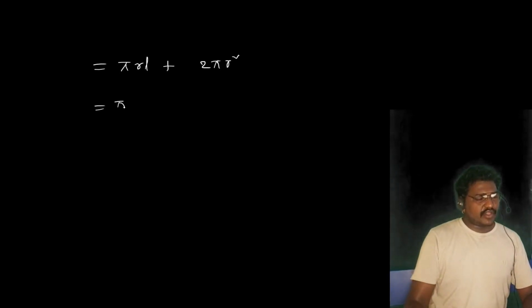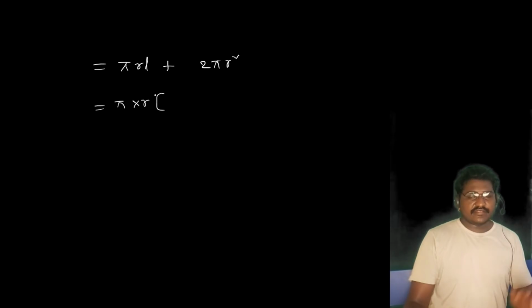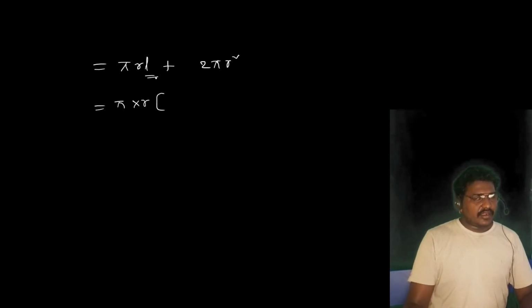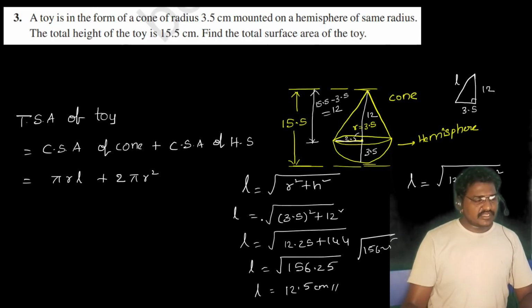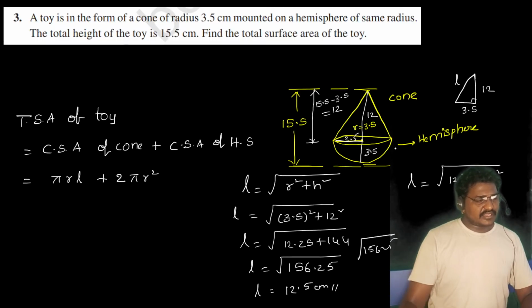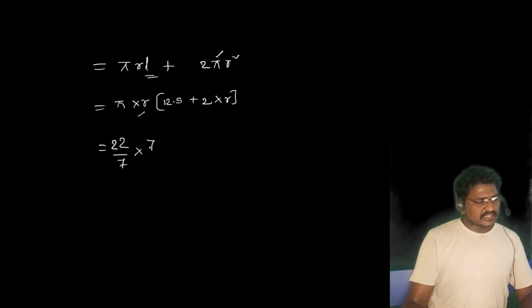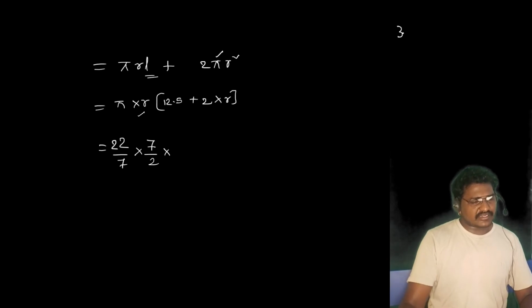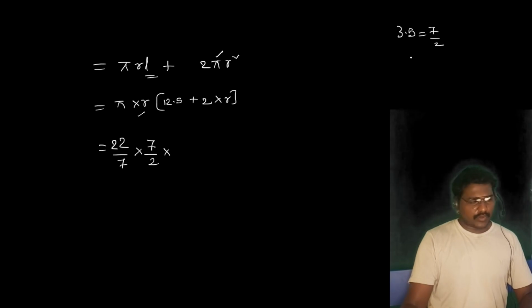If you take pi and r common, because r is the same for both, we are left with only L plus 2 r. The L value we got is 12.5, plus 2 r. So that will become 22/7 into r. What is r given to us? 3.5, that is 7/2. You can write 3.5 as a fraction, 7/2, or you can keep 3.5 as it is, no problem.